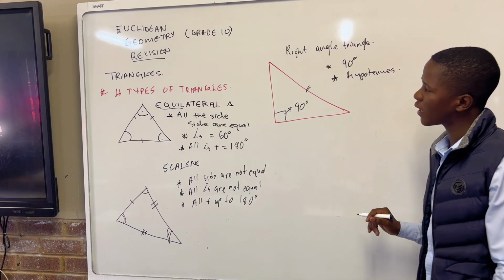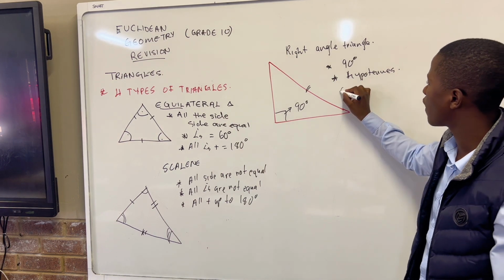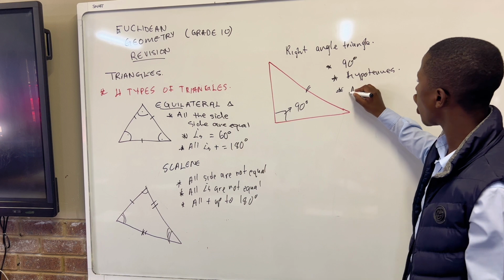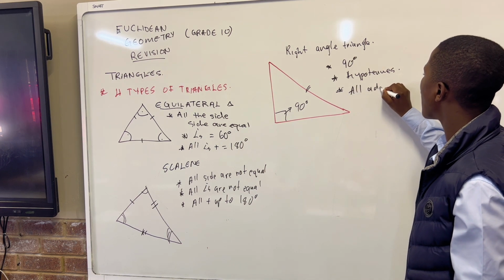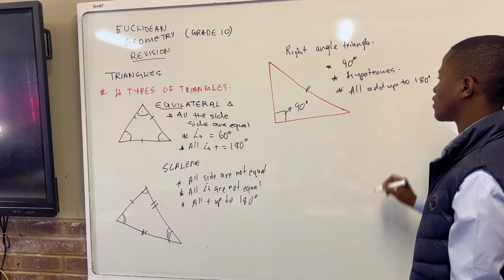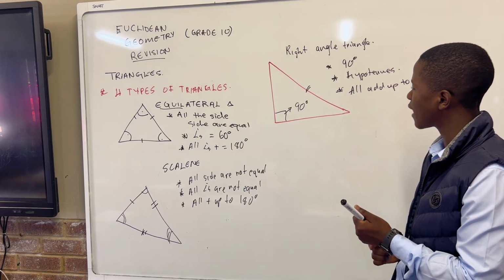So these are some of the characteristics that you need to know when it comes to your right angle triangle. But one thing that is common is that the angles all add up to 180 degrees. Okay, so these are going to be your right angle triangle.